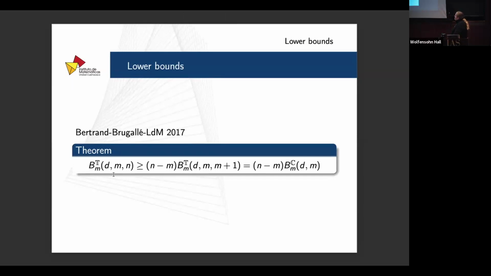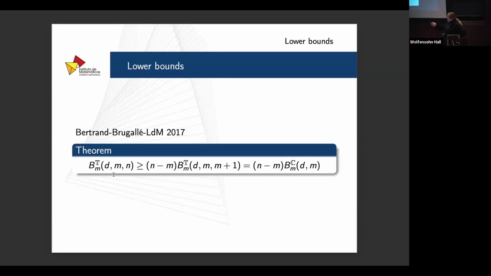And what we proved in 2017 is that if we want to bound the top Betti number of degree d, dimension m in TP^n, then we have this: at least the codimension times the complex bound. That, for example, works very well in the case of hypersurfaces because the codimension is 1, and then we have equality there. And how we prove it is by construction.